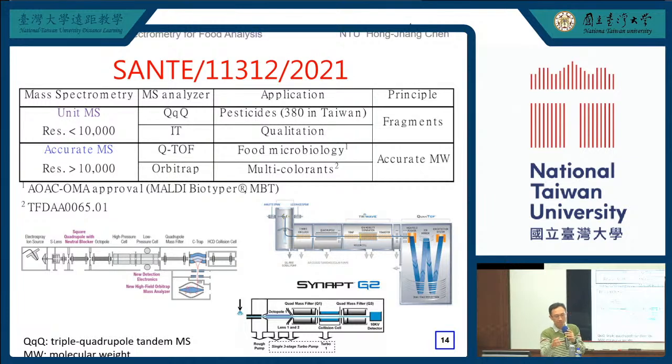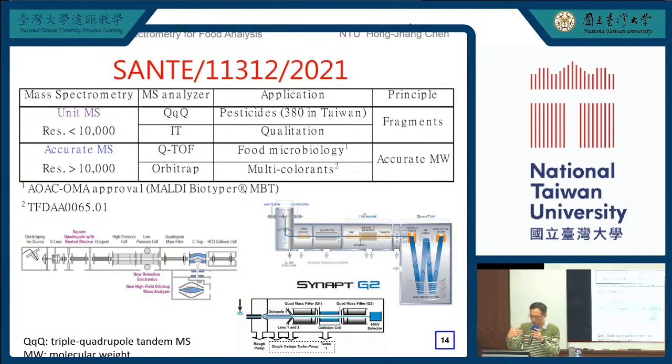If a compound has a molecular weight of, for example, 123.456, but you use unit MS, you just detect 1, 2, 3. But if you use accurate MS, the definition is resolution more than 10,000, you can detect 1, 2, 3, 4, 5, 6.